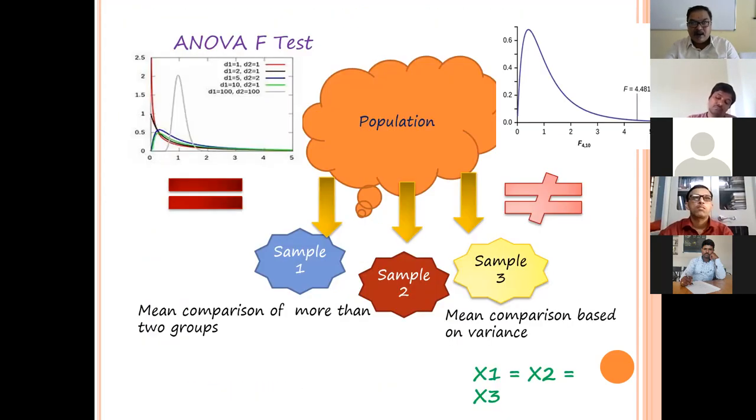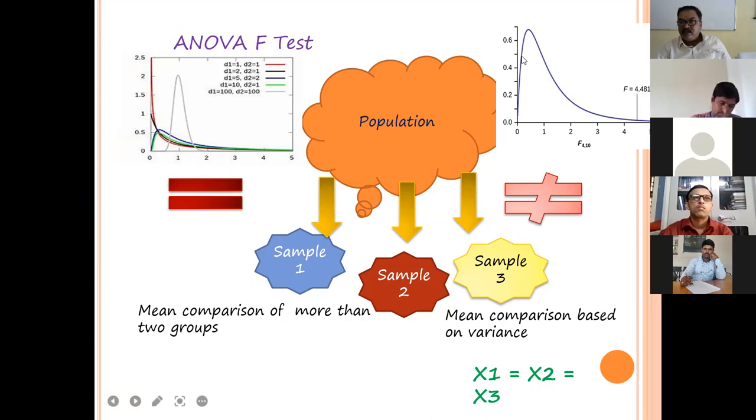Let me tell you, the F distribution is a very different type of distribution, because based on the degrees of freedom the shape of the curve is different. You can see the red line, blue line, green line, and brown line. On the right side we have a blue line, which is the most normal one.